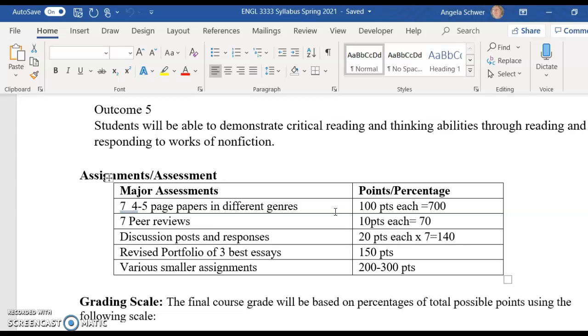Discussion posts and responses every other week. And then at the end of class, we'll talk more about this in the second half of class, I want you to revise again 3 of your best essays and provide a narrative about how you revise them and what you learned from the assignment. And there will be various smaller assignments for smaller number of points.